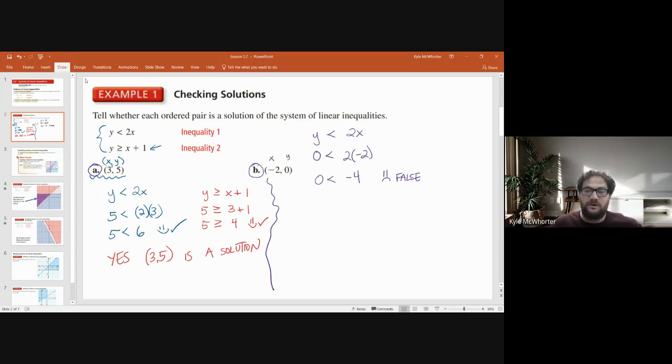And that means that we don't even have to check in the other inequality because we already know it can't be a solution. If it doesn't work for one of the inequalities, then it doesn't work for the system. So we say no, (-2, 0) is not a solution.